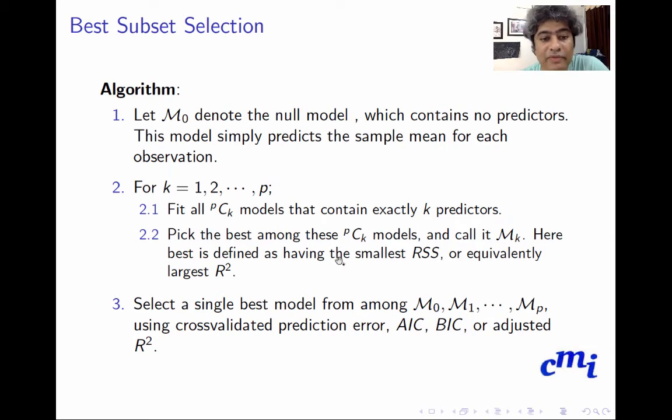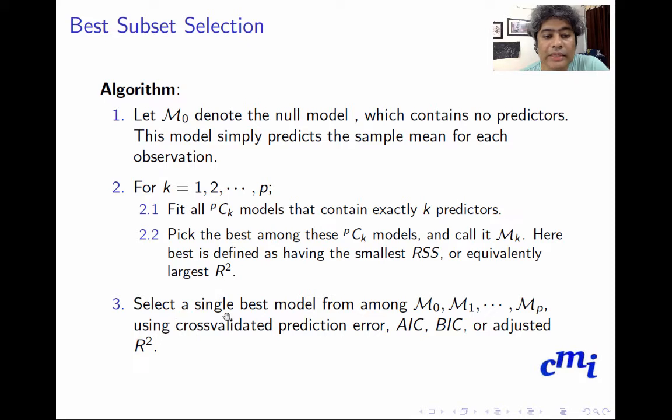Here best is defined as having the smallest residual sum of squares, or equivalently largest R square, or you can use mean square error, or you can use AIC or BIC criteria. You can choose whatever criteria, but once you choose, you stick to that model selection criteria.